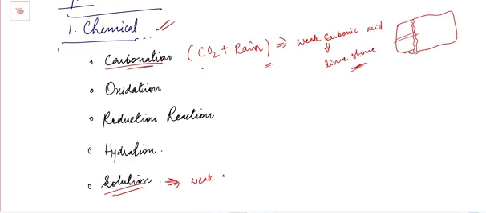The reaction takes place with rainwater, but here it is already a weak acid which reacts with limestone, also called calcium carbonate. So a kind of breakage takes place, and weathering takes place. So this is solution, and due to this erosion also takes place.